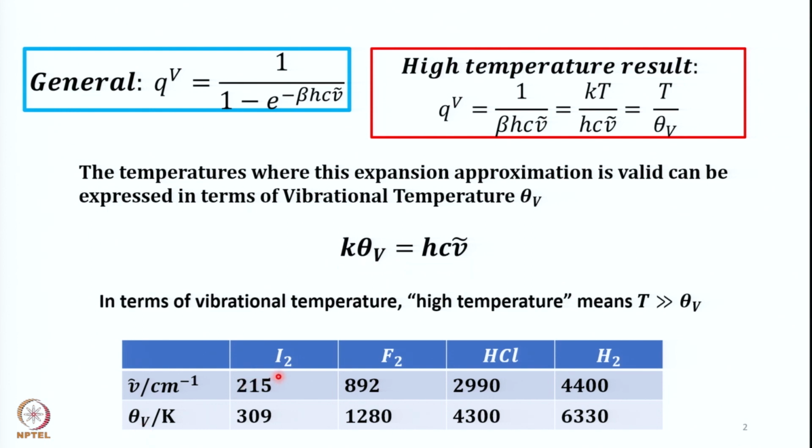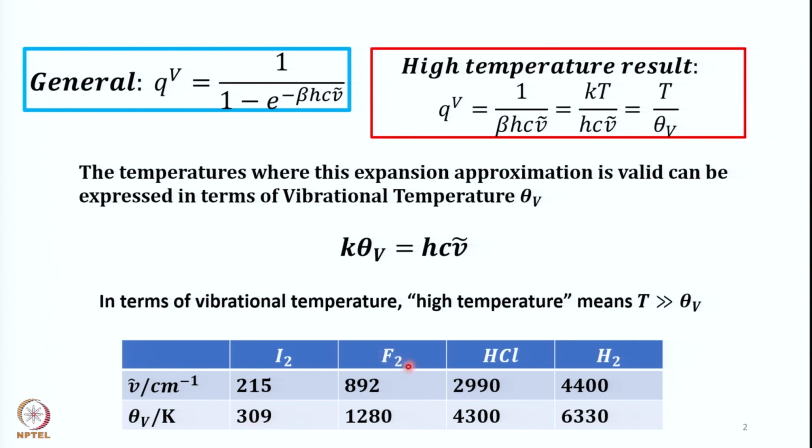Now, you see, for iodine, iodine is a linear molecule, so 3N minus 5, with 2 atoms, 3 into 2 is 6, minus 5 is 1. There is only one mode of vibration, and that is 215 centimeter inverse. Once you use this 215 centimeter inverse in this equation, you get a vibrational temperature of 309 Kelvin.